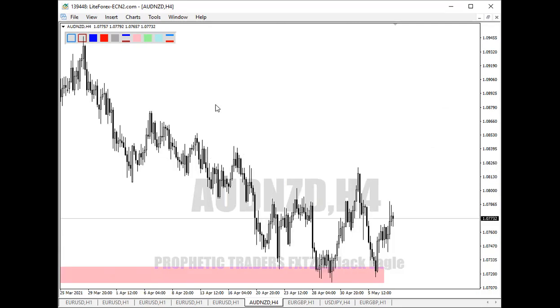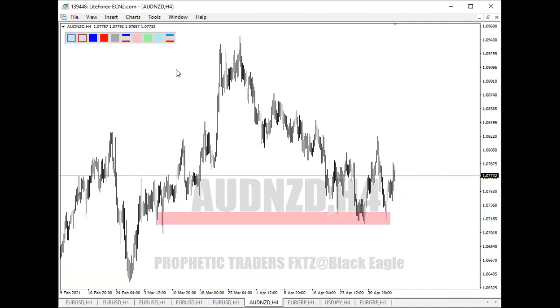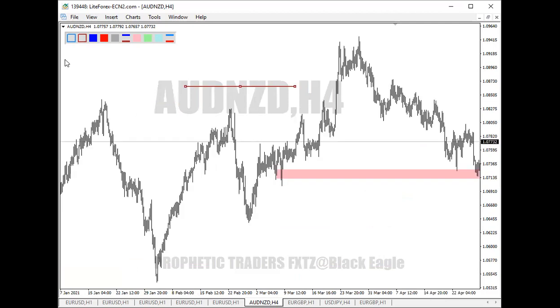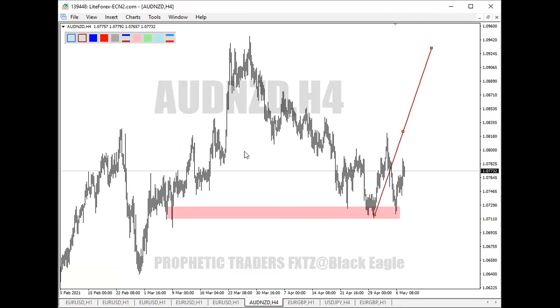And this one is a smooth structure here. This one is smoother. So we expect price to rise. The price will rise.